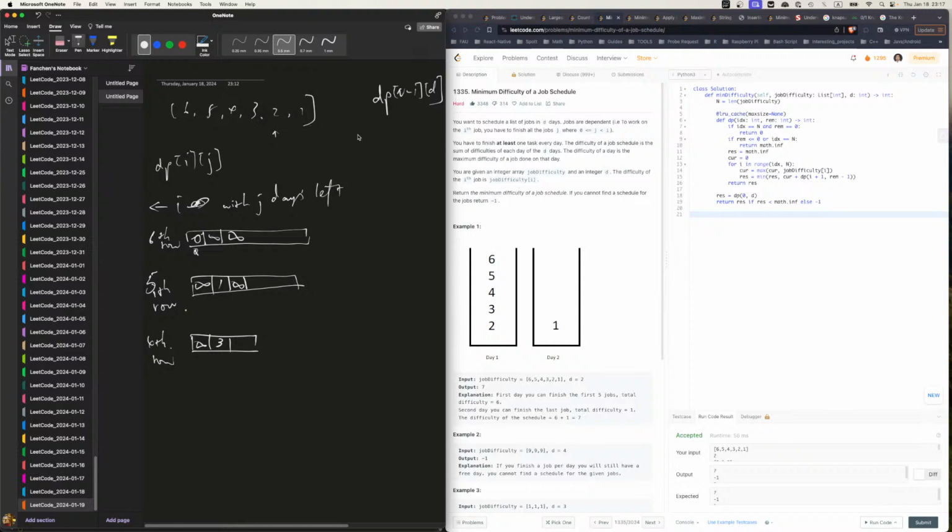So what we need to find is the maximum value in this. So at each one, we need to find the maximum value. Starting from here, I need to find a max value inside this whole thing. No, not the max value, like as I go through. Nah, that doesn't make any sense, because you have to go through the whole thing.